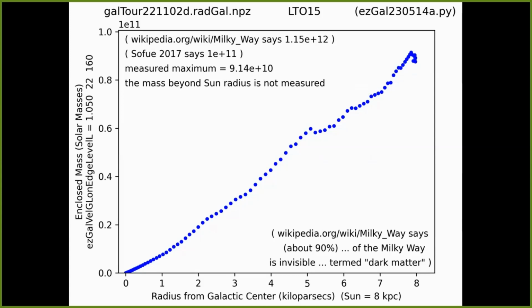There seems to be a lot of active professional research into the galactic mass, particularly after the new database release from the Gaia spacecraft. Now, this measurement does not include any mass beyond the sun's radius, and so it could be a little low, but 9E10 is pretty close to 1E11. So that's good.